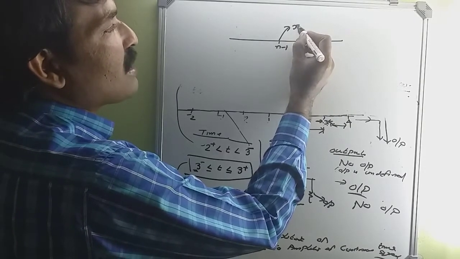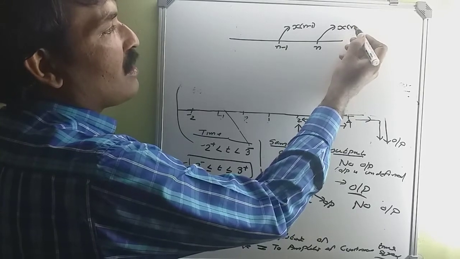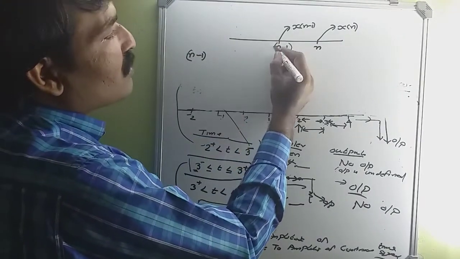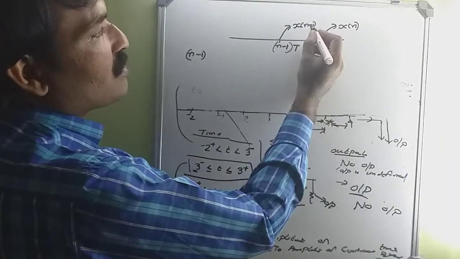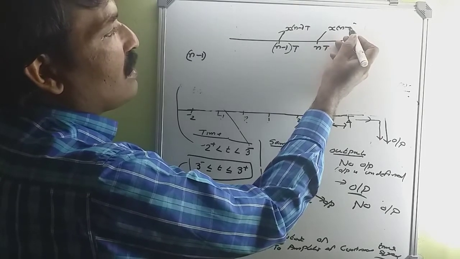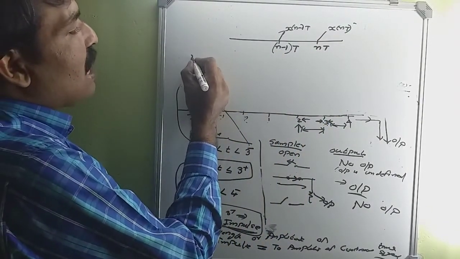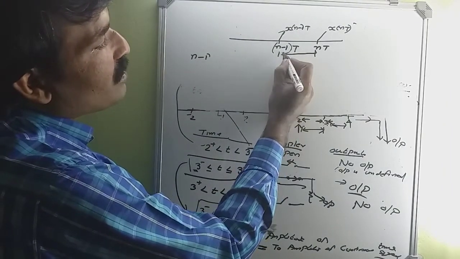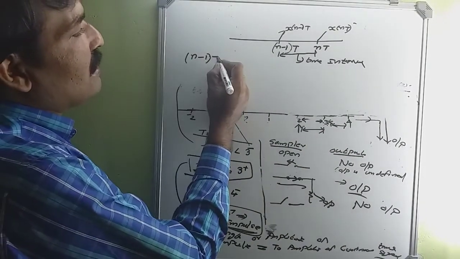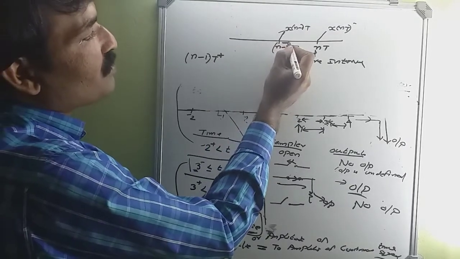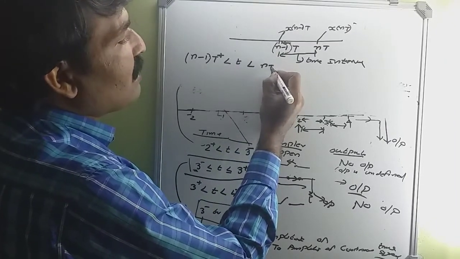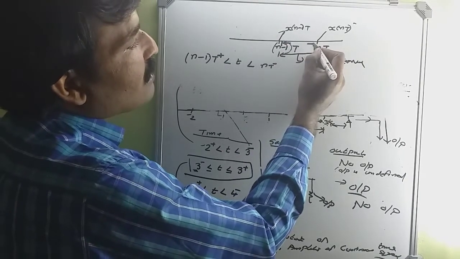The value of the signal corresponding to n minus 1 is x of (n minus 1)T, and for nT it is x of nT. Now we consider the time interval from (n minus 1)T plus, approaching from the right side, to nT minus, approaching from the left: the right of (n minus 1)T and the left of nT.